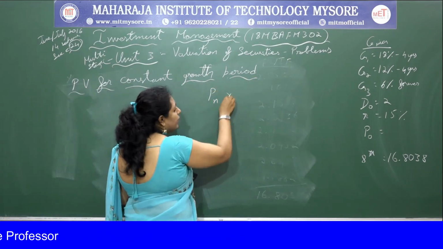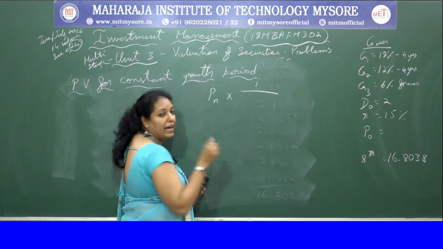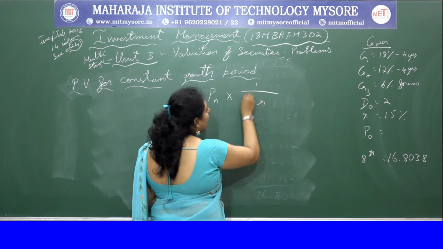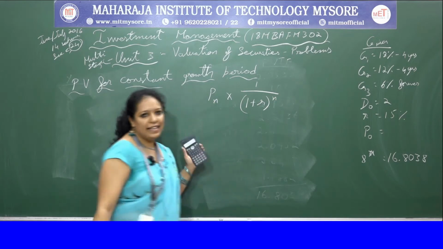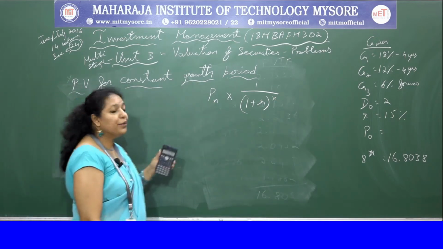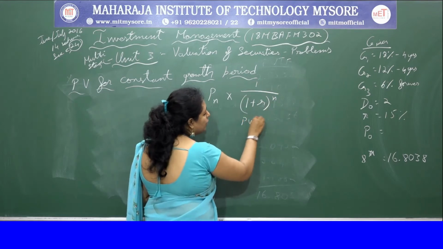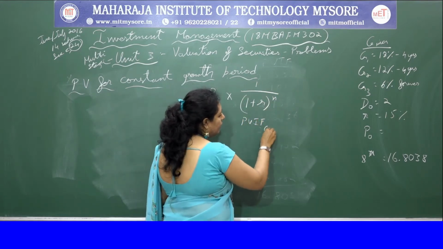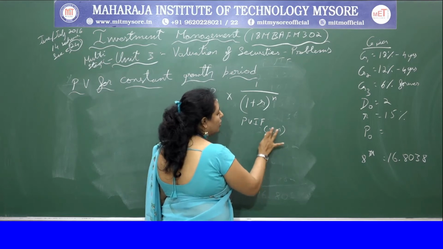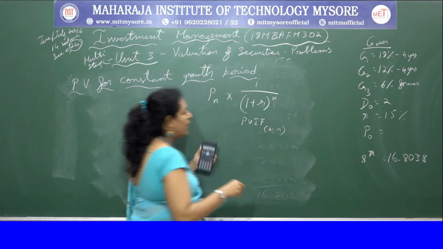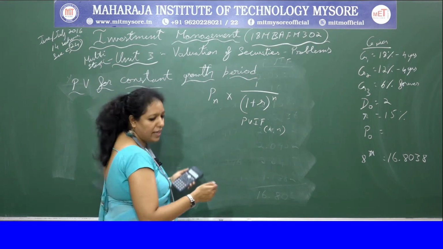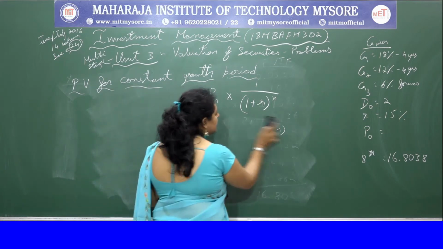For that, Pn into 1 divided by 1 plus r to the power of n. So this is the formula. For this you can use present value interest factor r and n as a substitute. Don't get confused, this is a substitute.